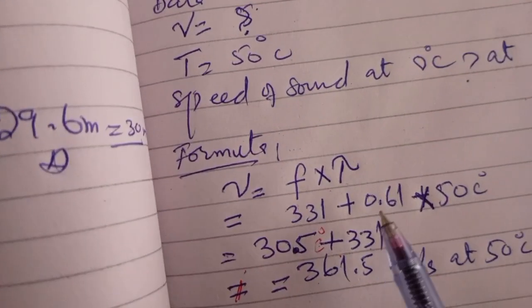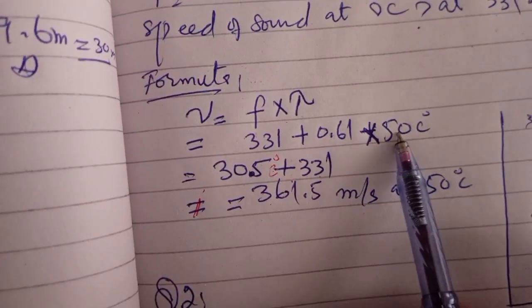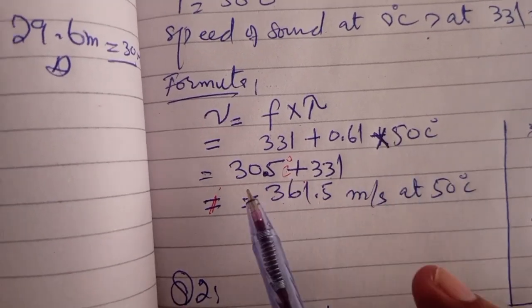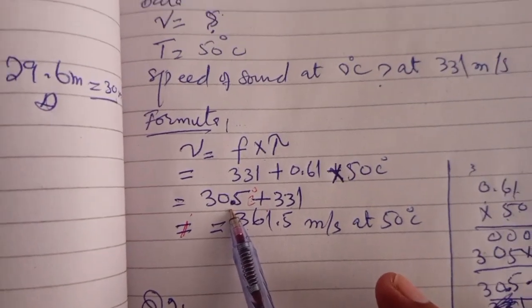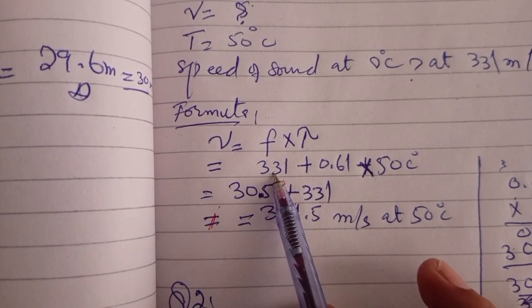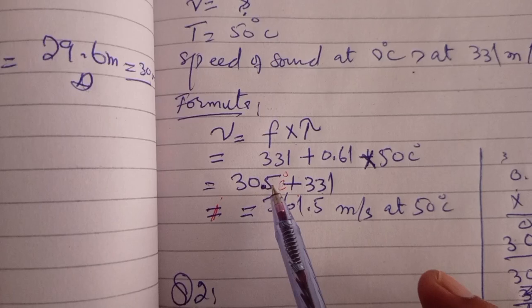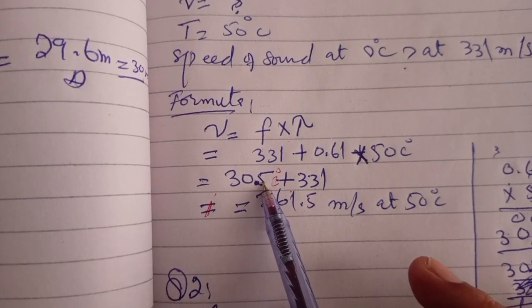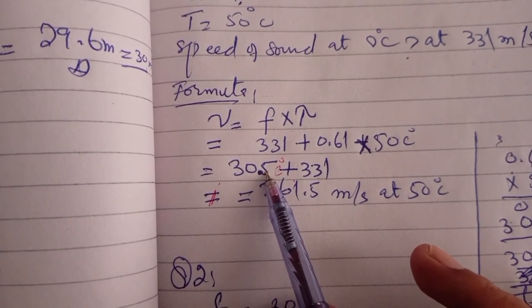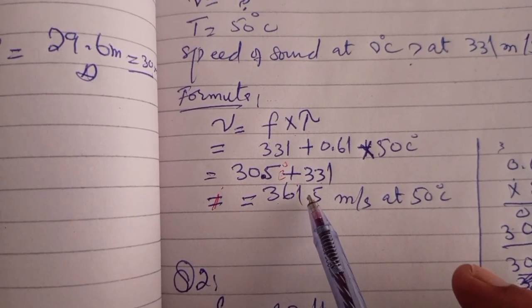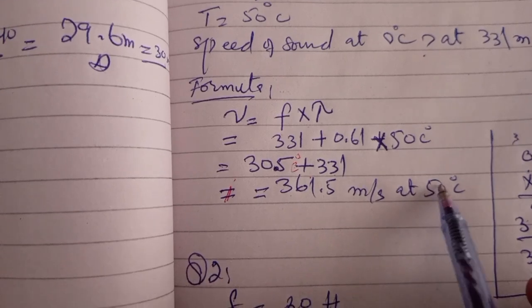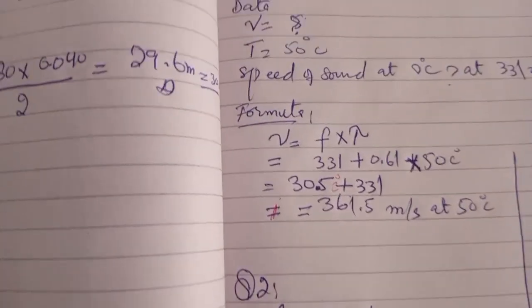At first I will multiply 0.61 by 50 and I got the answer 30.5. Then I add this value here. I got the answer that the speed of sound is 361.5 meters per second at 50 degrees centigrade.